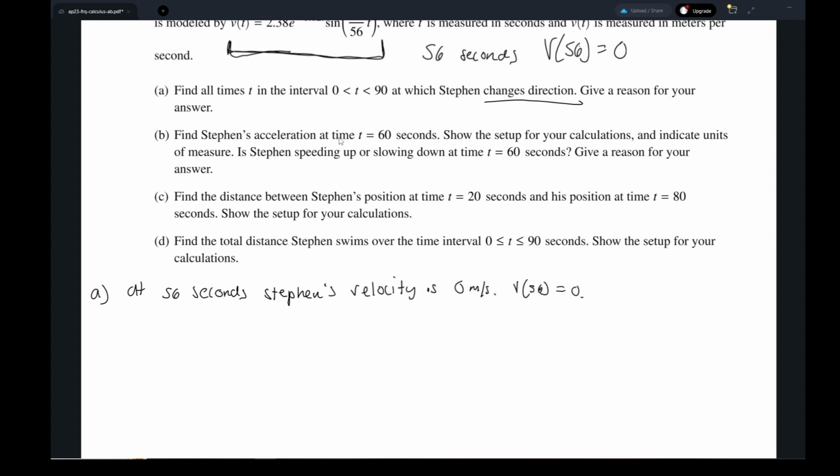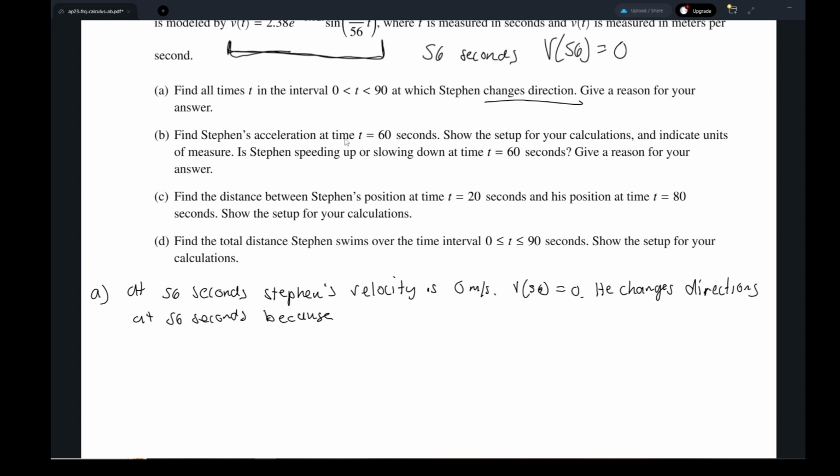And then what we're going to have to say is that he changes directions at 56 seconds because his velocity from 0 to 56, and we're just going to put a table here.